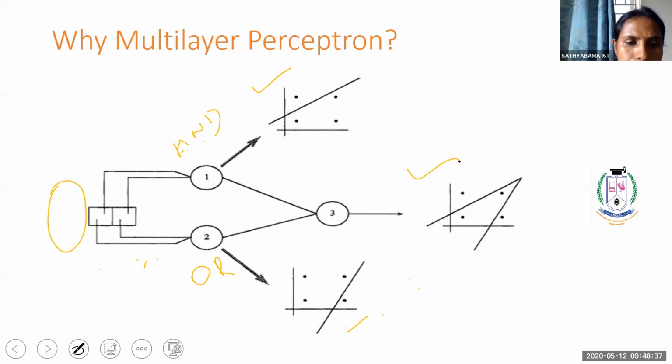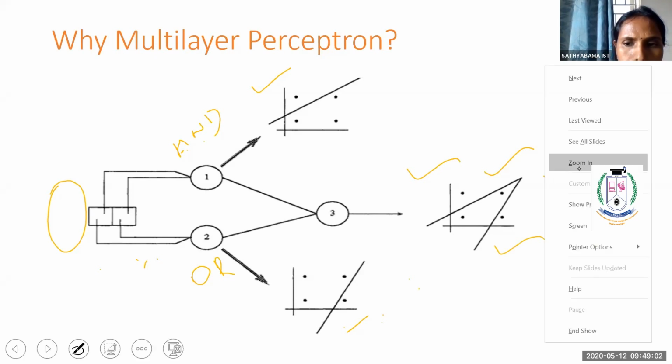That means the output of OR as well as the output of NOT AND is going to feed the final layer, which is going to solve the problem of XOR. You understood? This is taking from NOT AND and this is taking from the OR operator. Now you can classify the linearly inseparable problem.